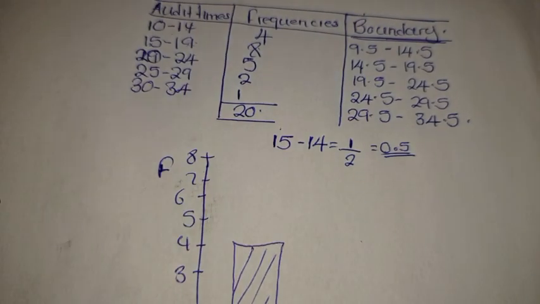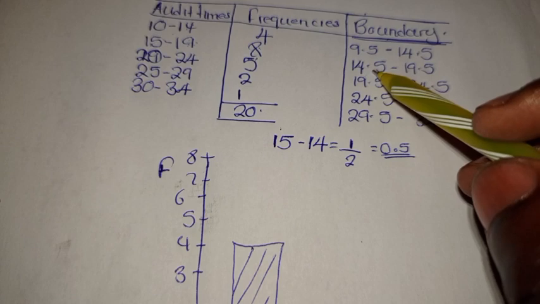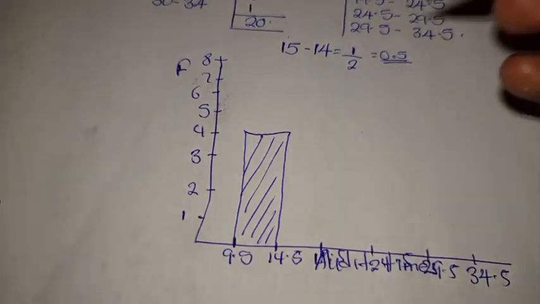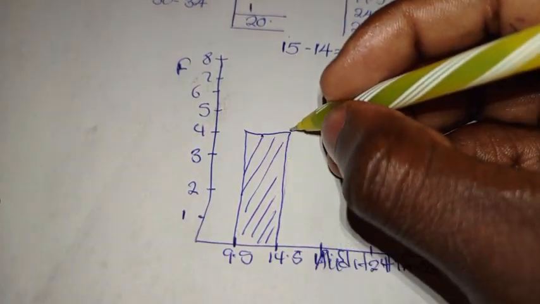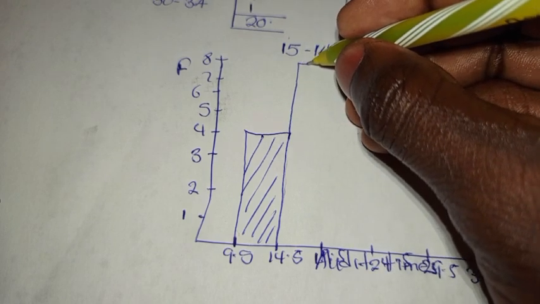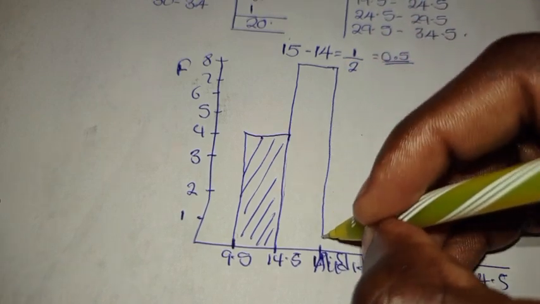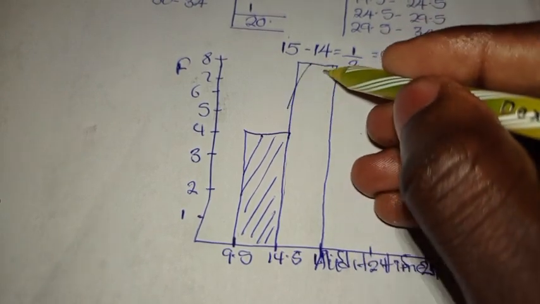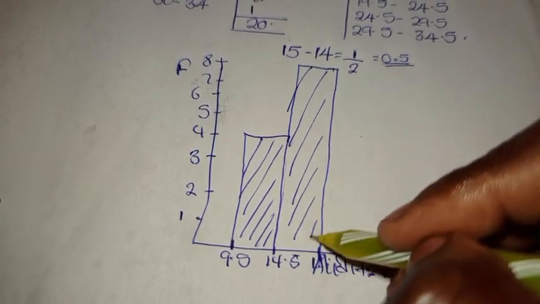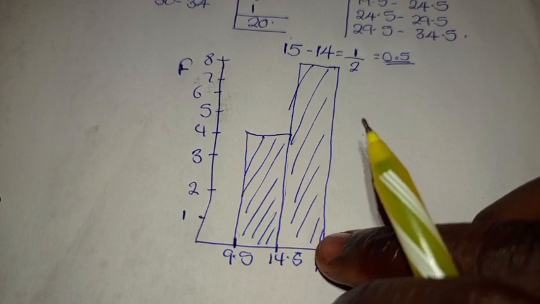Then the second one has a frequency of 8, having 14.5 to 19.5. We know for sure that 14.5 is here. So it will go all the way to the frequency of 8, then coming down to the class boundary, which is 19.5. So this is the class of 15 to 19.